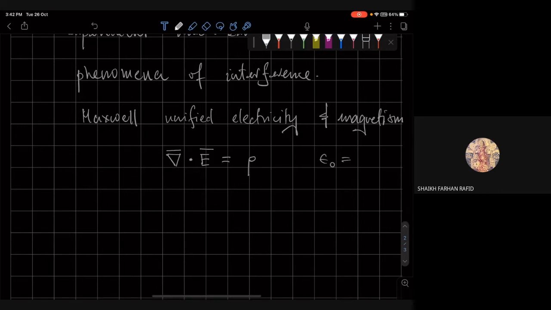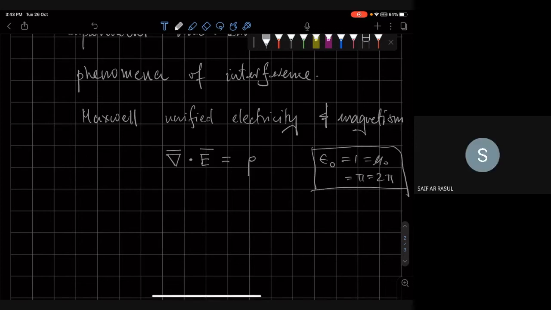I'm choosing units in which epsilon naught equals 1 equals mu naught equals 1. Everything is 1, okay? So this is a very famous system of units. Wait, pi equals 2 pi? Is that possible? It's a joke. Or won't these give wrong calculation results? So this is basically, say, order of magnitude units, okay? But this is possible.